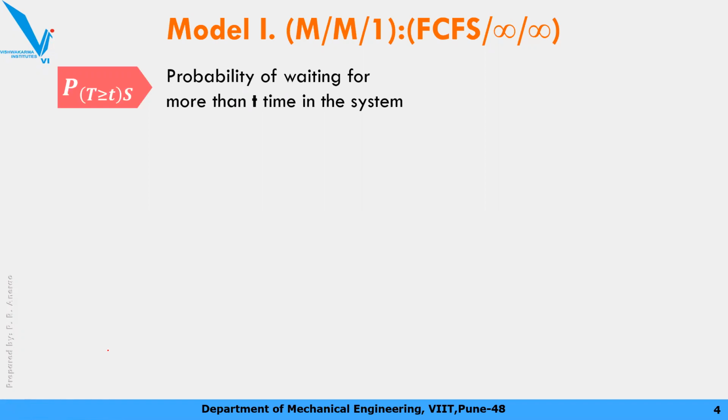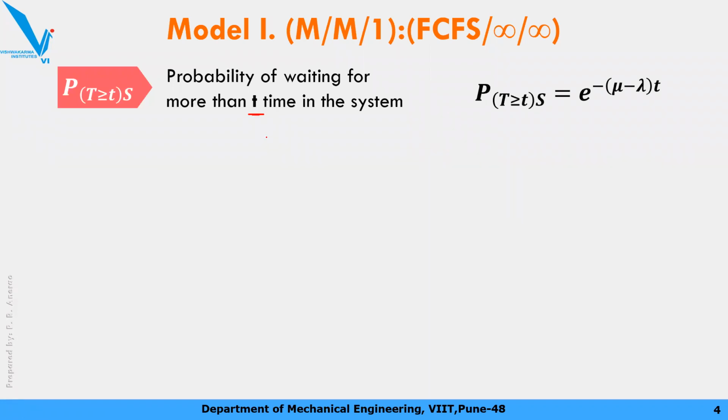So for example, you need to calculate, if you go to DMart, how much waiting time or how much time I have to spend in the queue or in the system to get served. Okay? So that probability you calculate by a formula e raised to minus mu minus lambda times t. So t is the time.